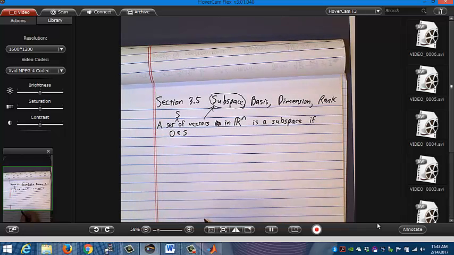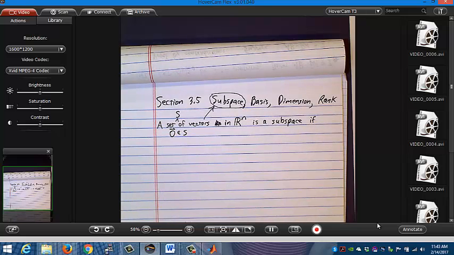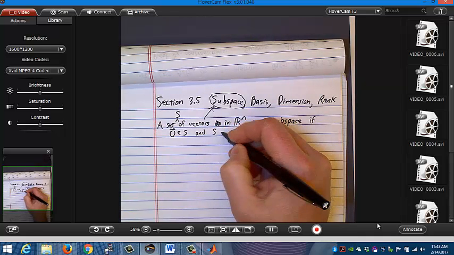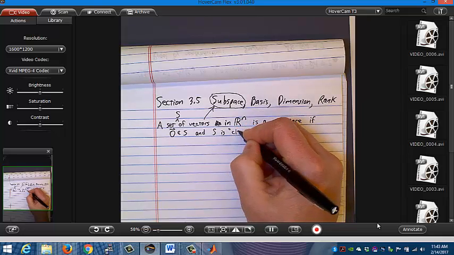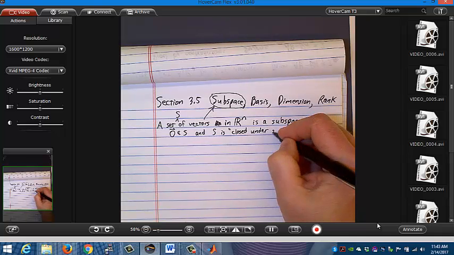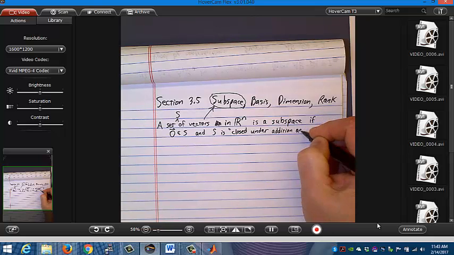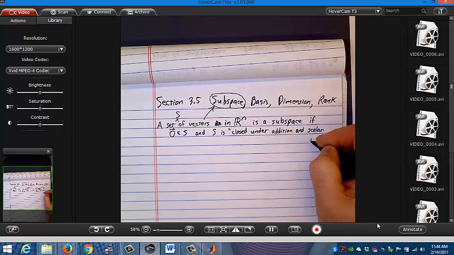And guys, when you write this, you probably ought to put a little arrow over the 0. Because what does that mean? The 0 vector, right? And you also need S to be, and the word I like to use is, closed under addition and scalar multiplication.